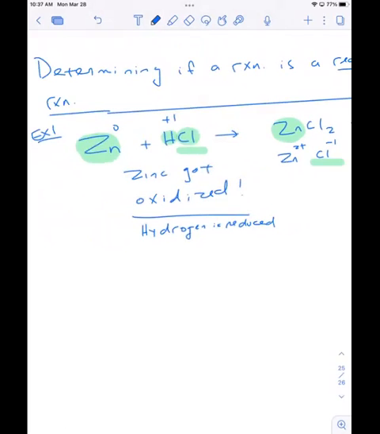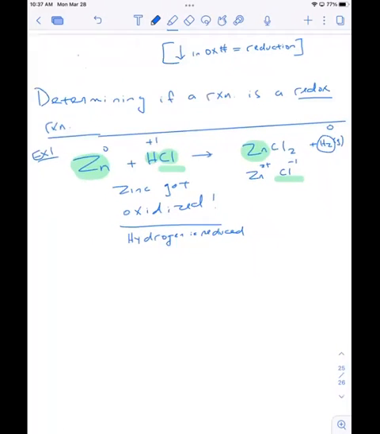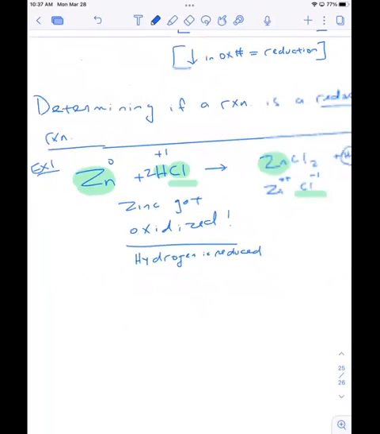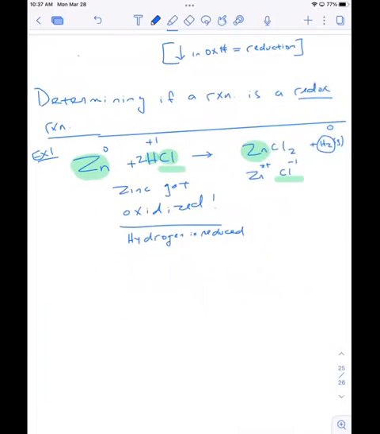And when we balance this out, which we didn't do, but we can balance it now, I should have done that first. You put a 2 here, and then the hydrogens are balanced and the chlorines are balanced. So it's hydrogen that gets reduced, zinc that gets oxidized. If it's a redox reaction, anytime you have reduction, you're also going to have oxidation, and anytime you have oxidation, you're always going to have reduction.